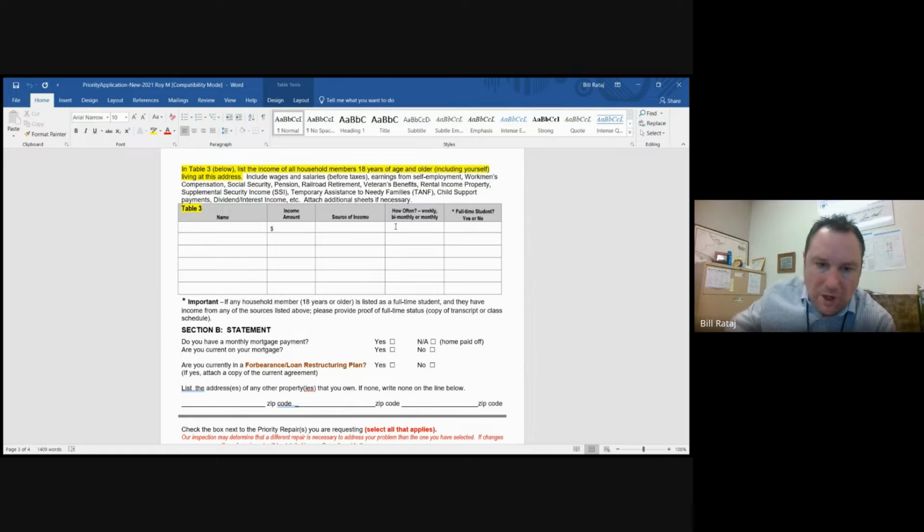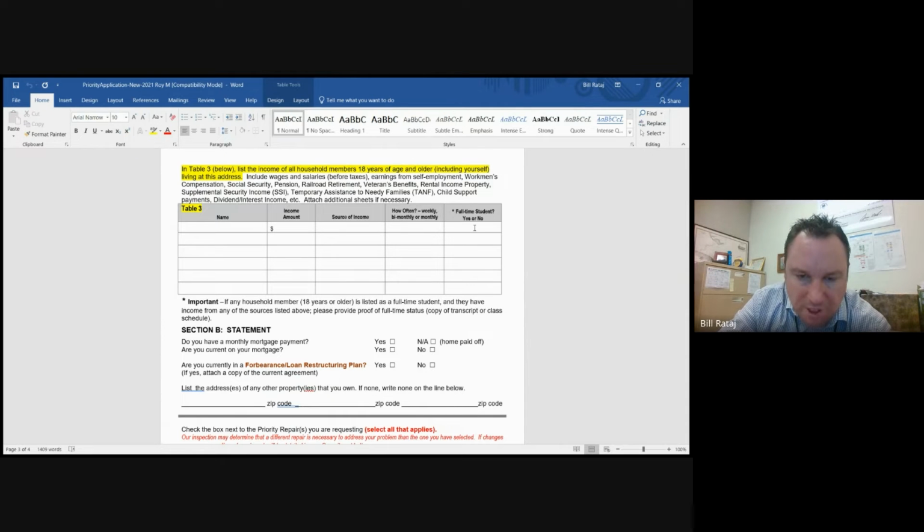And then we also need to know if somebody is a full-time student, because there are special exceptions for people who are full-time students where we do not count most of their income. It's only a limited amount. So we need to know that.